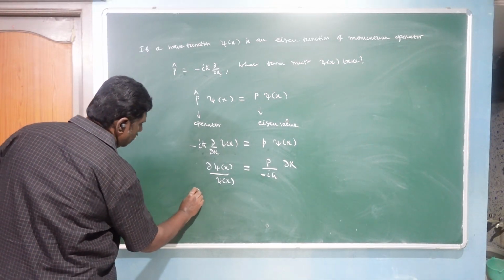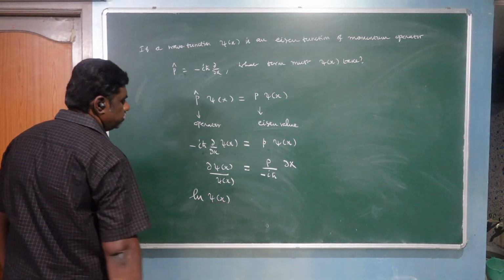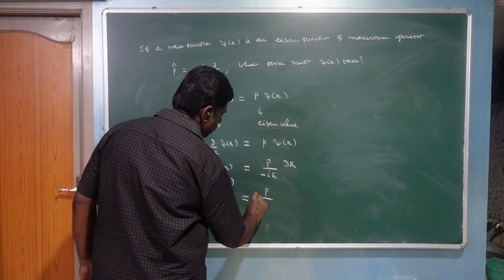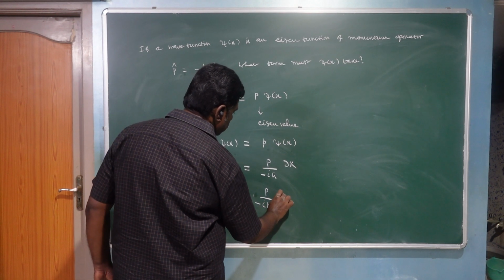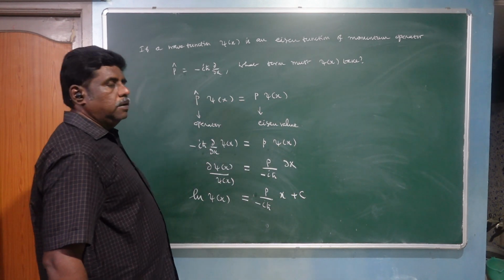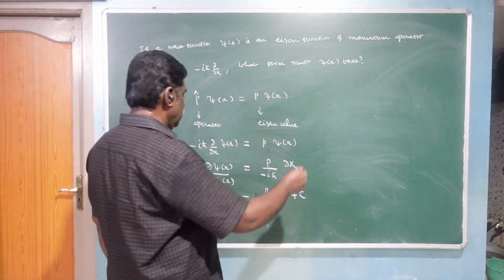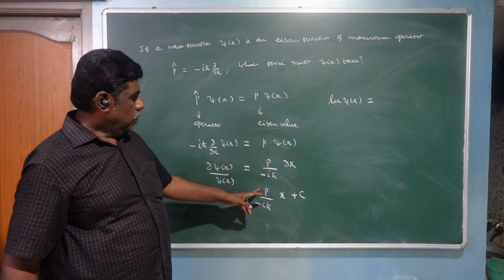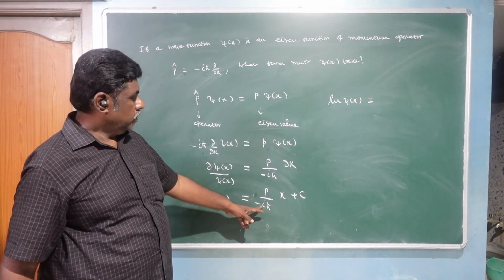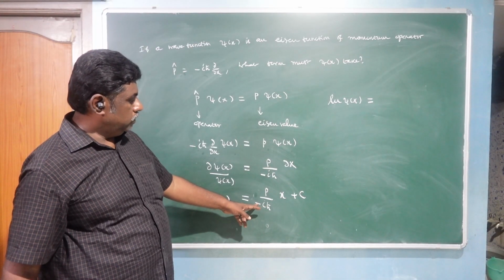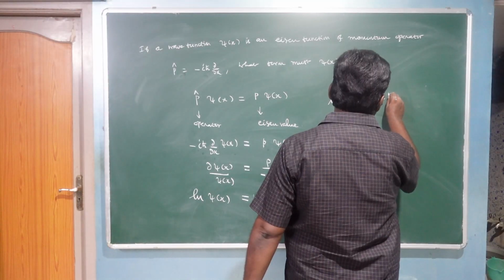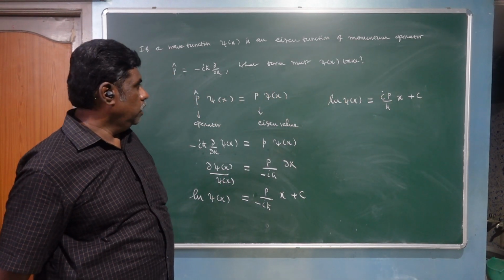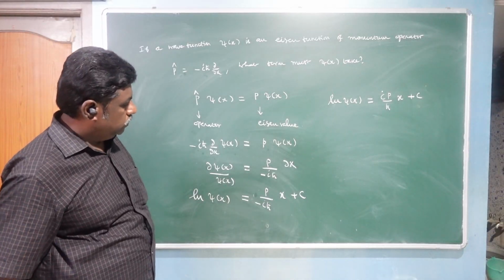So the formula is log of the denominator: ln ψ(x) is equal to p divided by minus iħ into x, plus the constant of integration C. Multiplying by i, since i squared is minus 1 and a negative sign is already present, ln ψ(x) equals i p divided by ħ into x, plus C. This is the value of ln ψ(x).